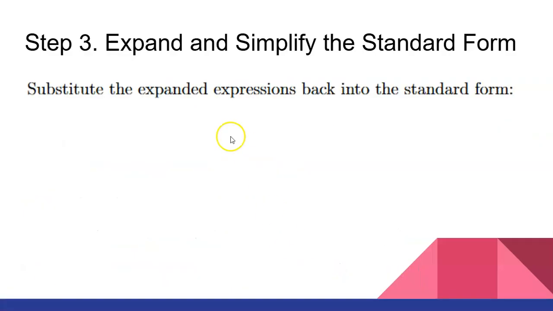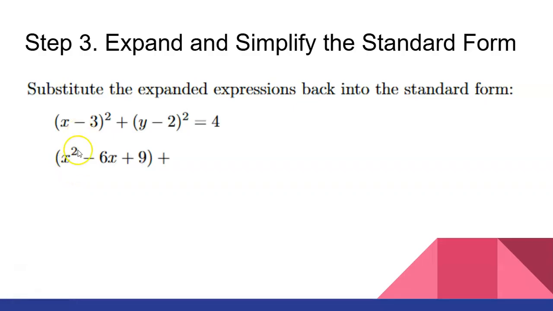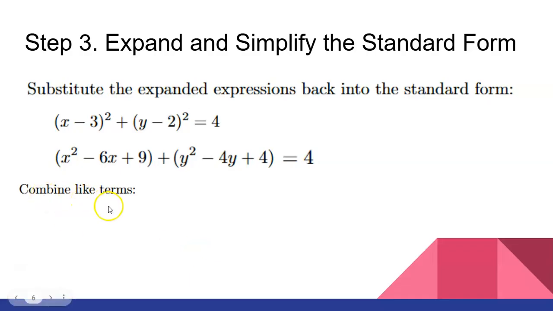Next, we substitute the expanded expressions back into the standard form. So again, this is our standard form. This is our first squared binomial, and this is our second squared binomial. X minus 3 squared is just equal to x squared minus 6x plus 9, and y minus 2 squared is equal to y squared minus 4y plus 4, equals 4. Next, we combine like terms.